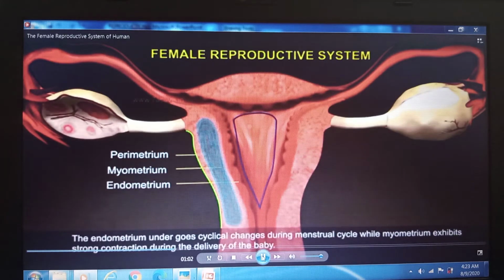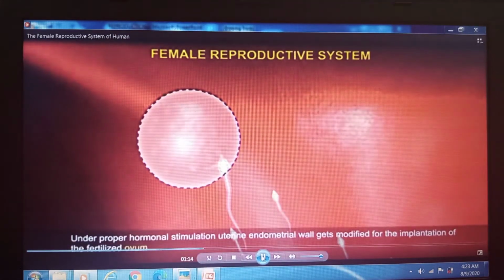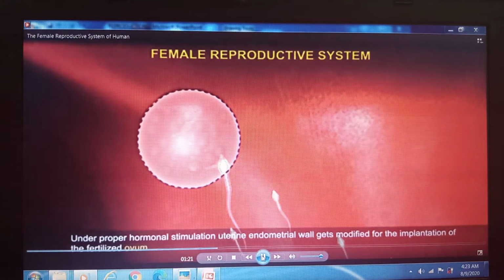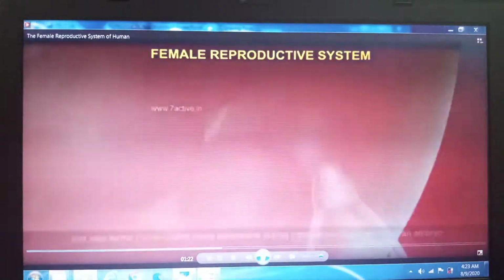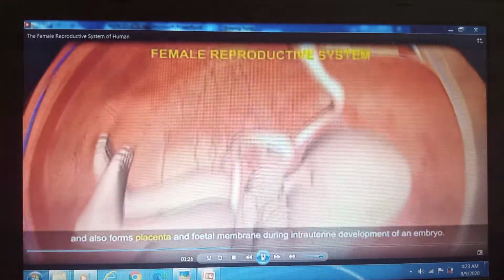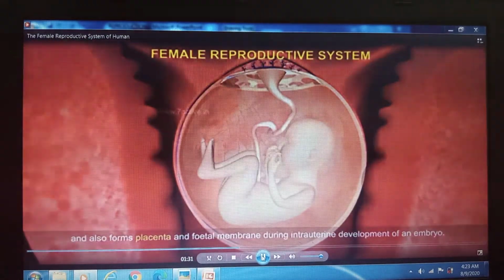The endometrium undergoes cyclical changes during menstrual cycle, while myometrium exhibits strong contraction during the delivery of the baby. Under proper hormonal stimulation, uterine endometrial wall gets modified for the implantation of the fertilized ovum and also forms placenta and fetal membrane during intrauterine development of an embryo.